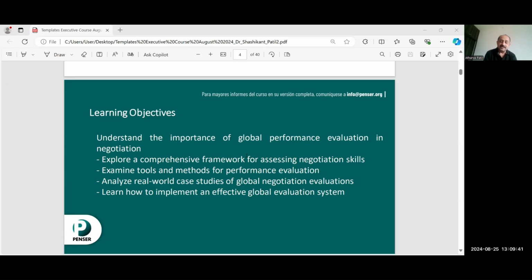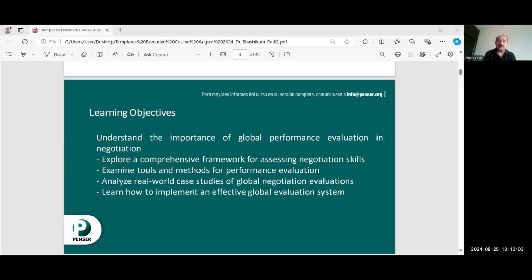Here we are going to examine and assess different types of tools, strategies, assessment methods, and assessment mechanisms for performance evaluation. Also, we'd like to analyze real-world case studies of global negotiation evaluations and assessments.